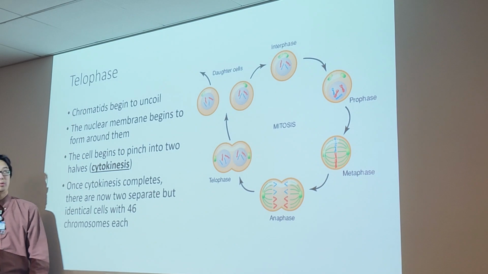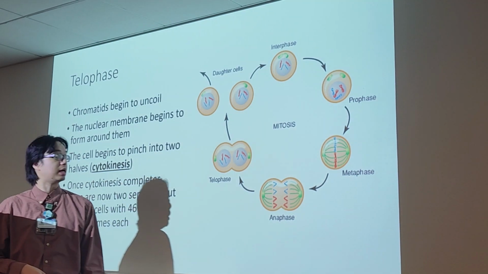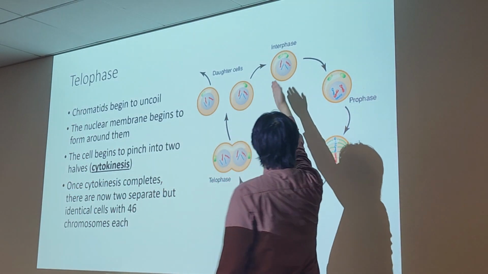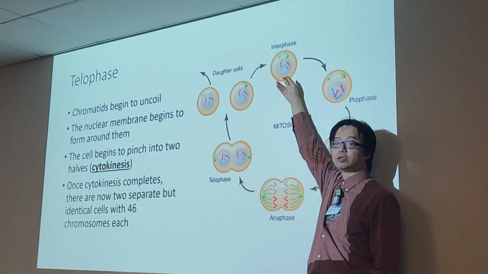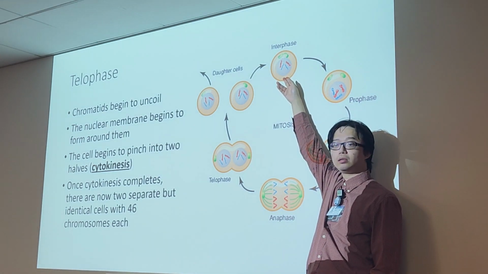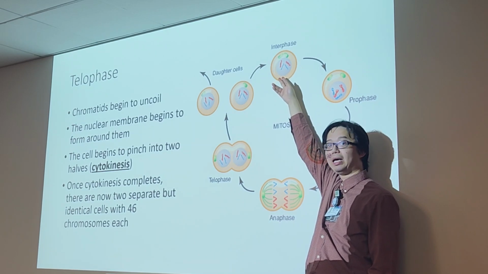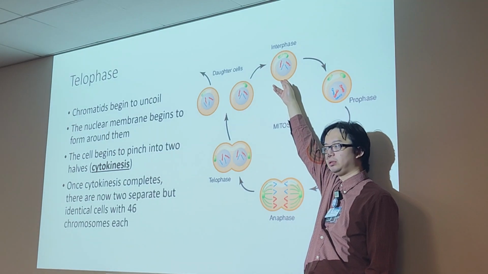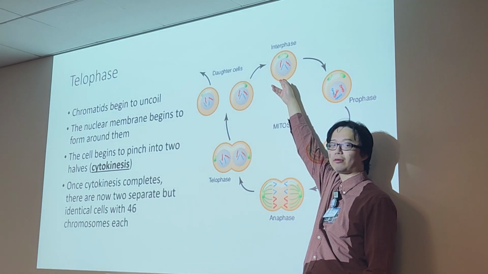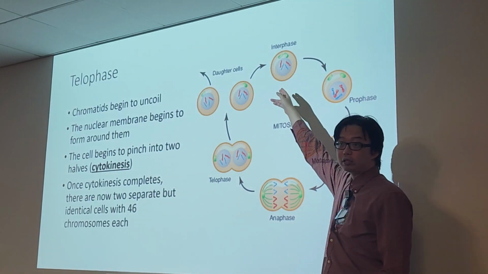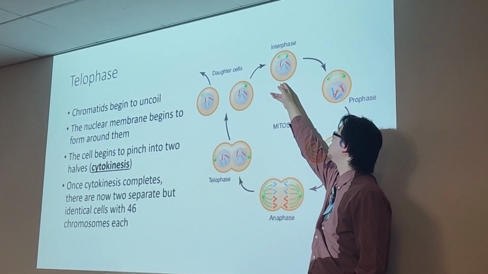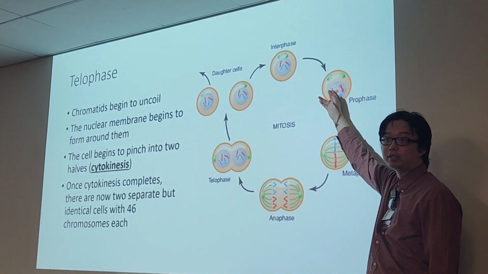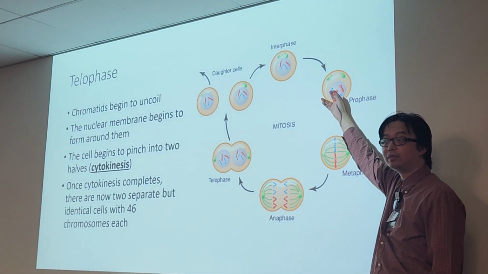Remember, in this original cell, how many chromosomes did we start with? 23 pairs, right? So 46 total, 23 from the mom, 23 from the dad. After the S phase, synthesis, how many chromosomes do we have?